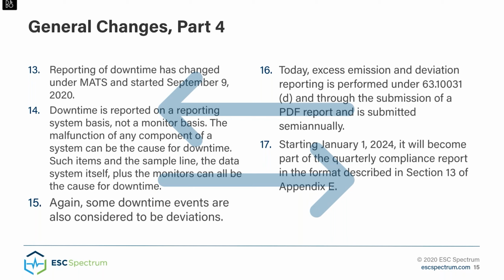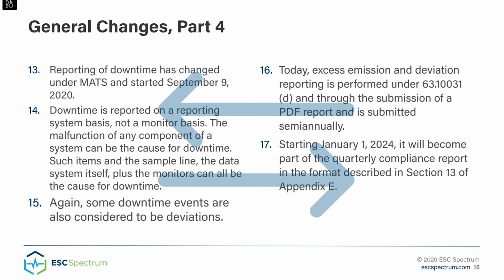And so today, the excess emissions and deviations reporting is performed and required under 63.10031(d), under that subparagraph. As in the past and going forward for the next couple of years, they'll be reported using a PDF report and submitted semi-annually.